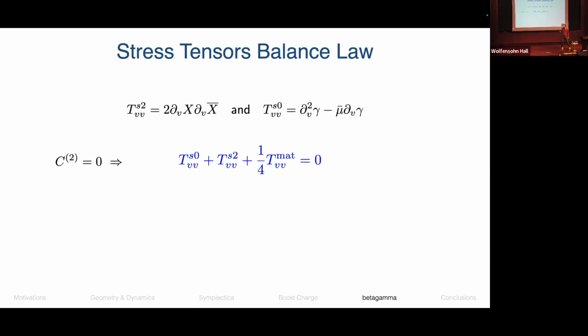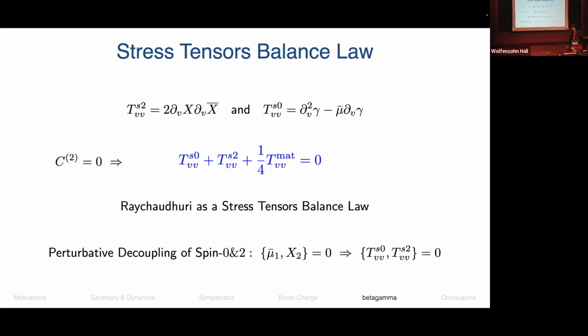Okay, now I want to give further evidence why this is the right result. And one evidence is that I can introduce this spin 0 stress tensor because at the right order in the Poisson bracket, so I didn't show you all the details of the perturbation, but you can just take 10 slides ago and just perturb in G Newton using the expansion of the previous slide, the spin 0 and spin 2 sectors decouple.